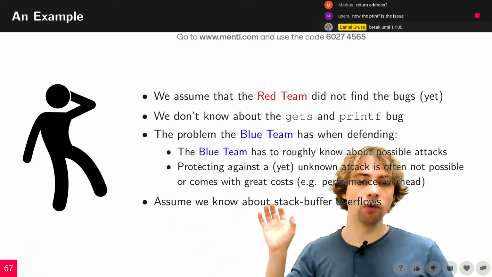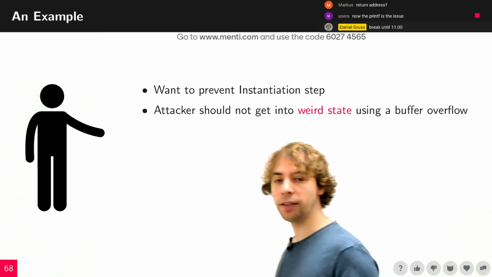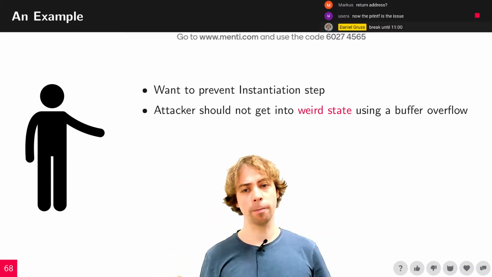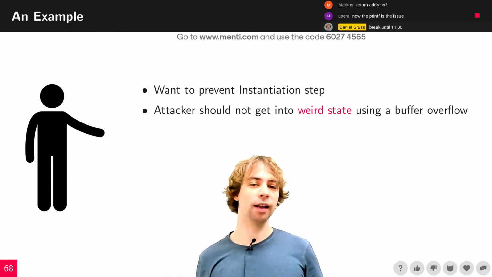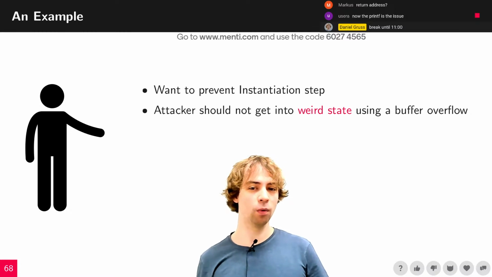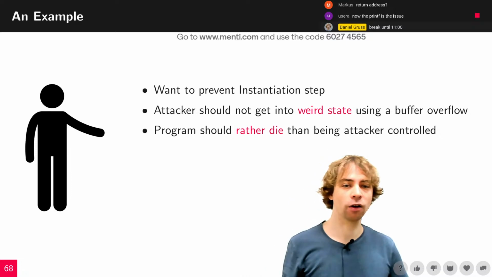So let's assume we already know about stack buffer overflows, and we want to prevent this instantiation step. So what can we do to prevent that an attacker can get into a weird state using a buffer overflow? We want the program to rather die than being attacker controlled.